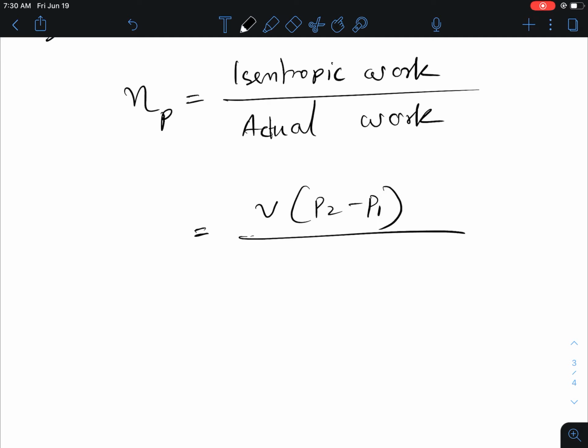And then the actual work consumed by the pump, similar to the compressor, equals H2A minus H1. So that's the relationship between the exit and entrance pressure of a pump versus the enthalpy at the exit and at the entrance. If we know all this information, then we can calculate the isentropic efficiency of a pump.